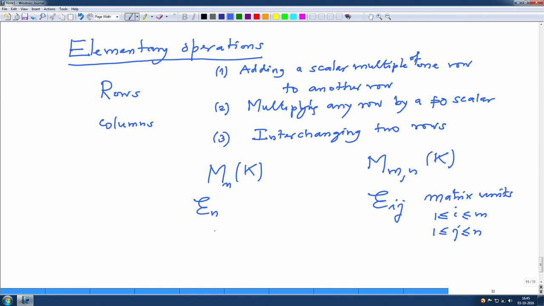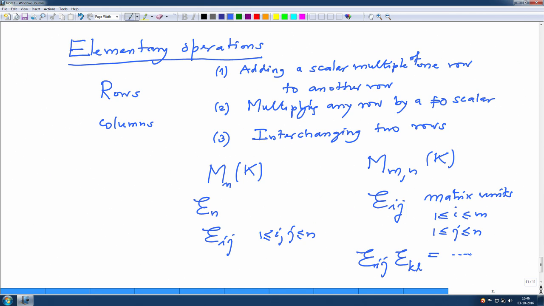In the square case, actually this is an algebra. These are also the matrix units, where i and j vary between 1 and n. So this is a vector space of dimension n squared, and all the multiplication is determined by how I multiply E_ij with E_kl, and this we saw last time.